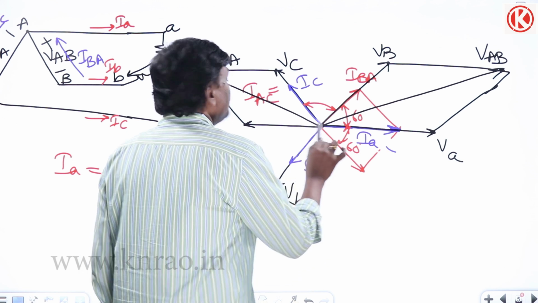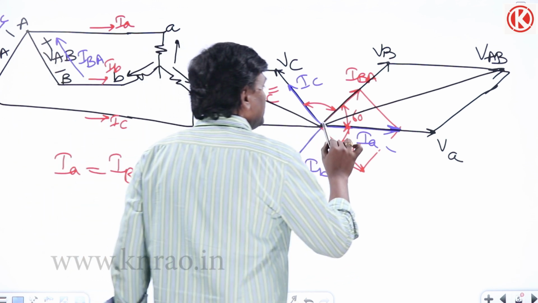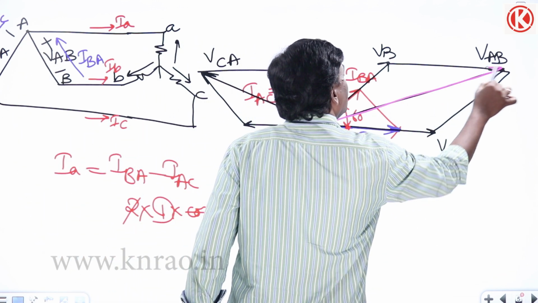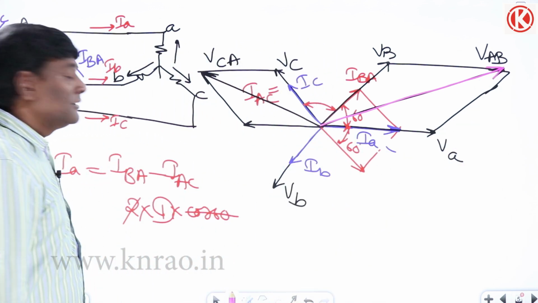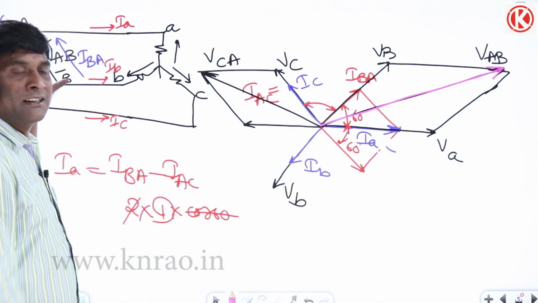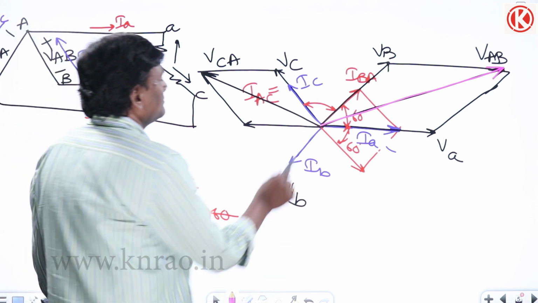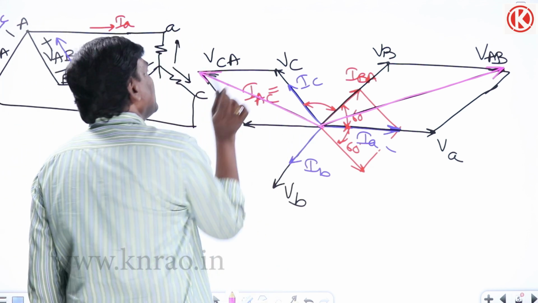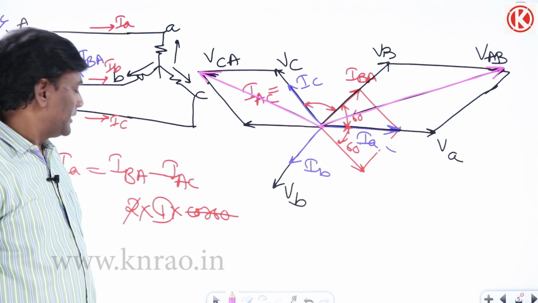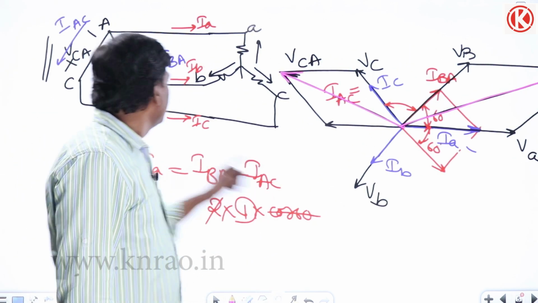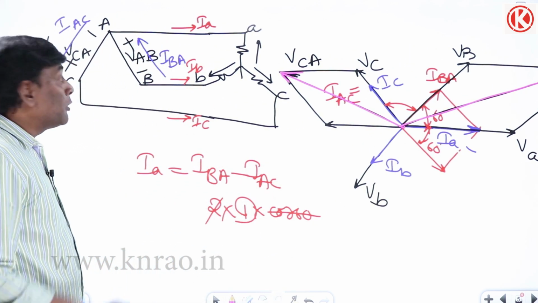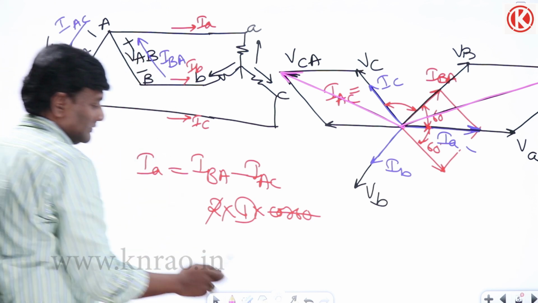See here, VAB is the voltage here, which is appearing in one phase of the transformer, and another voltage is VCA. Now two windings, two voltages are there. What about the two currents? IBA is one current.